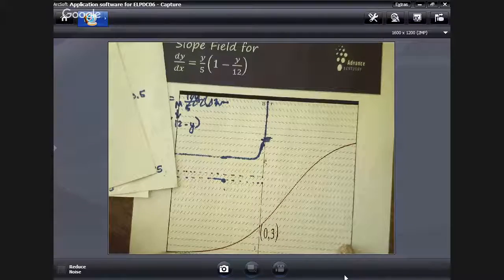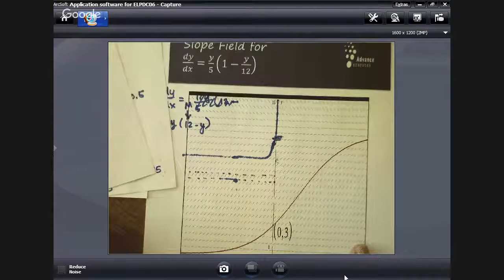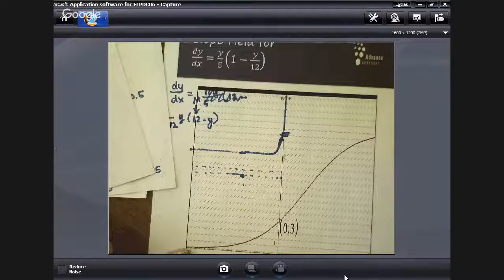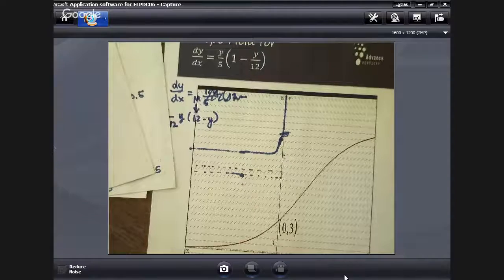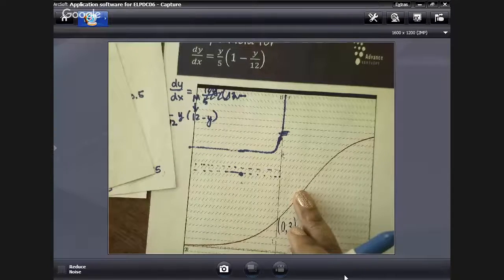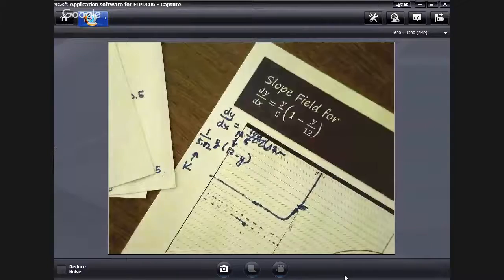And it has another horizontal asymptote down here at the x-axis. So since the carrying capacity is 12, that would mean that it's increasing the fastest at the point of inflection, which happens to be halfway between 0 and 12, or at 6, half the carrying capacity. So hopefully some of that will go through, and we'll look at an example.